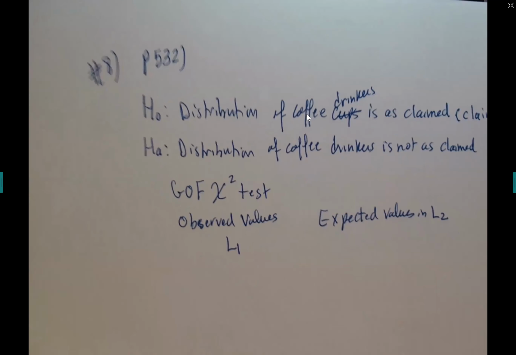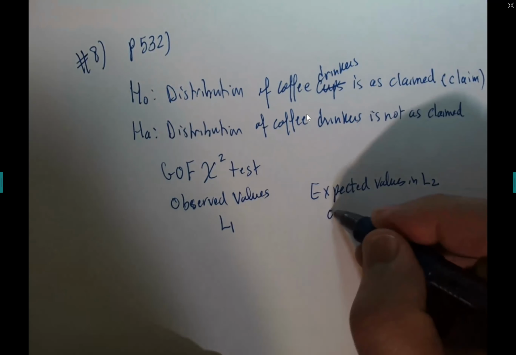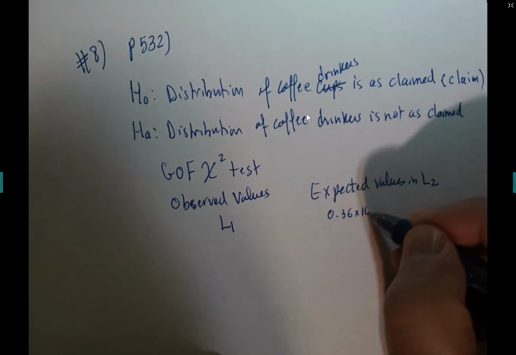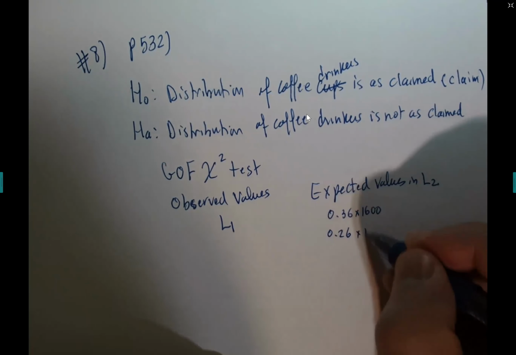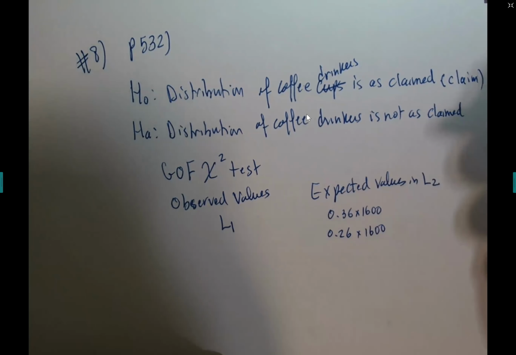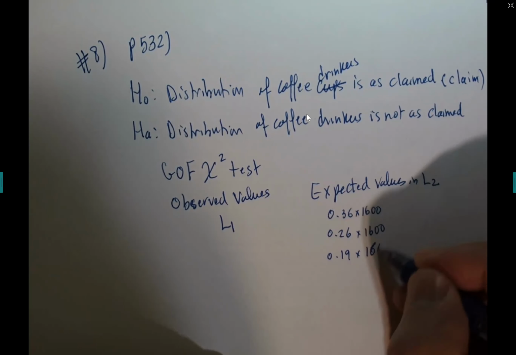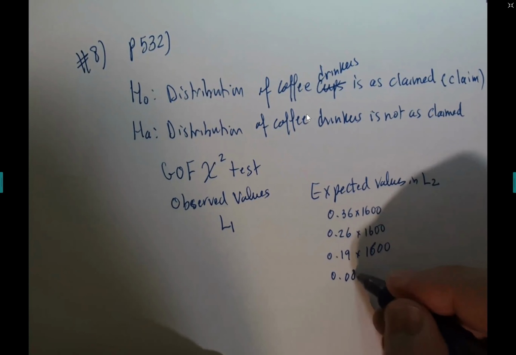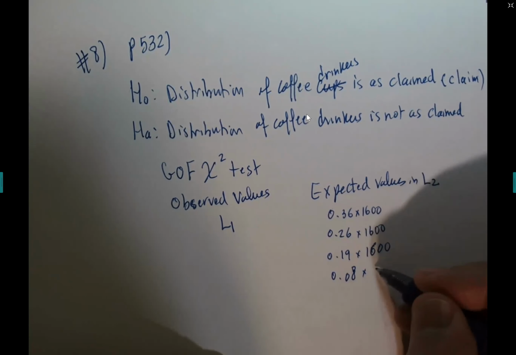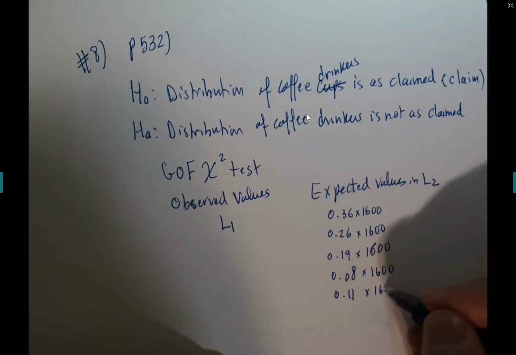We're going to begin with 36% of 1600. Then you're going to do 0.26 times 1600. Then 0.19 times 1600. Then 0.08, 8% of 1600, and then 11% of 1600.